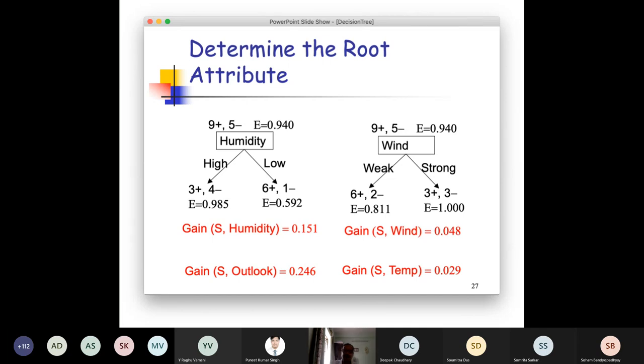Okay, outlook. So in the root node of the decision tree, your condition would be outlook. That means you will test on the attribute outlook, and depending upon the value, you will branch to a certain subtree.